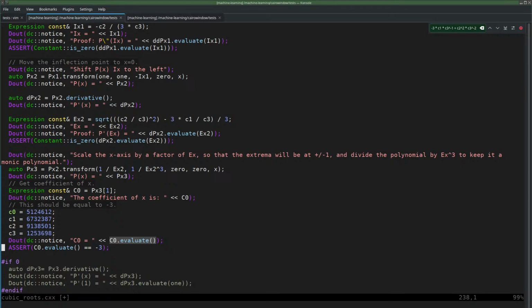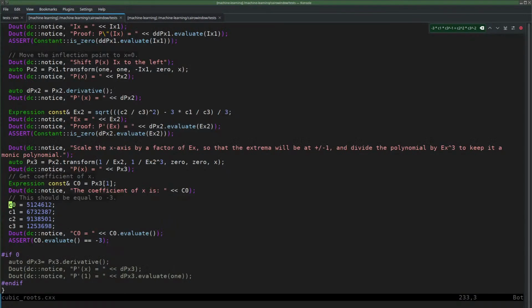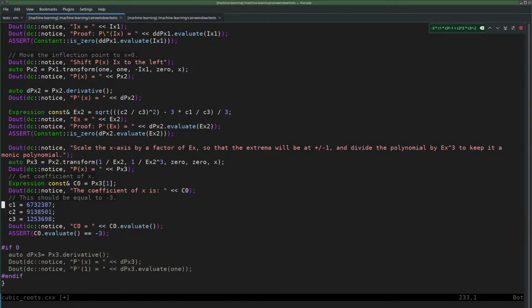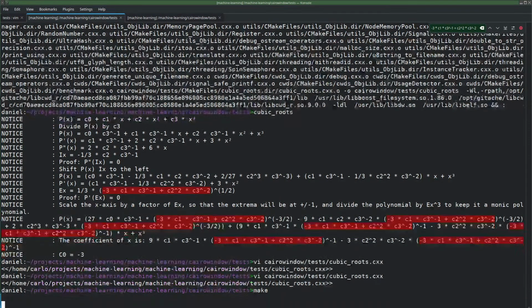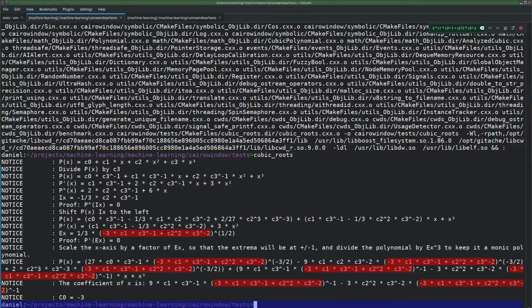But I think this once is enough. Plus, I don't think there was a C0 in it. We're talking about this thing. C1, yeah, there's no C0 in it. This was a derivative. Still -3.